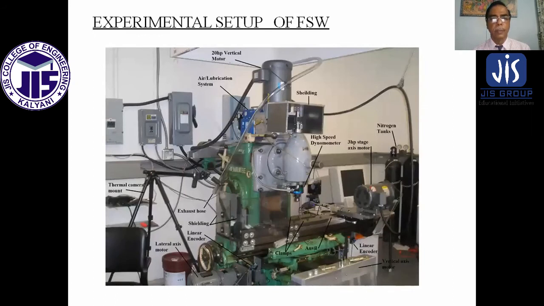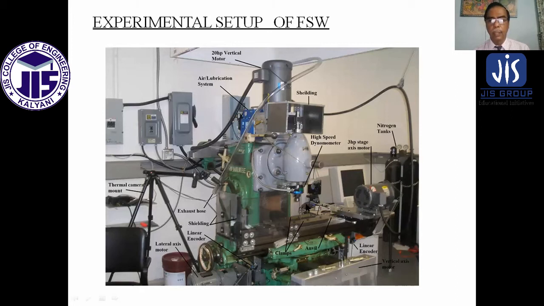This is the experimental setup of friction stir welding. It looks like a vertical milling machine, where it can be done with some accessories. In this welding, some inert sealing gases are used, which may be from a nitrogen tank.